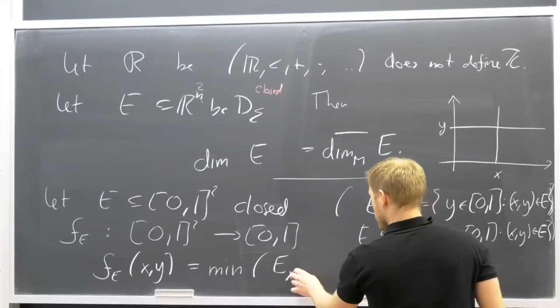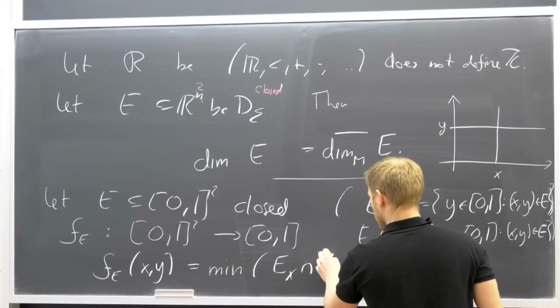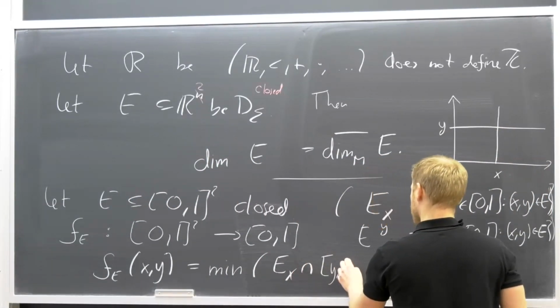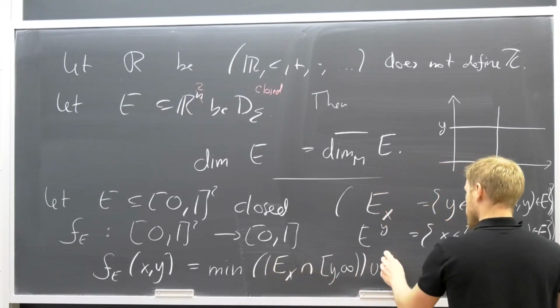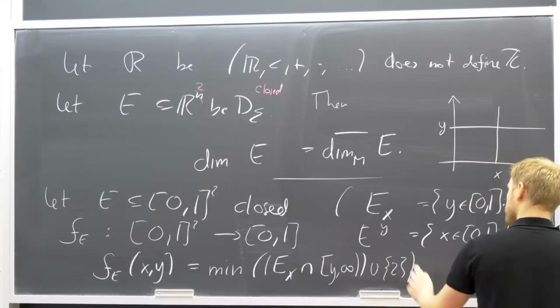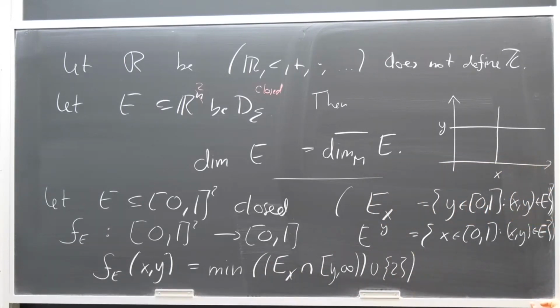So the intersection with y to infinity, and in order to be always defined, we add 2.